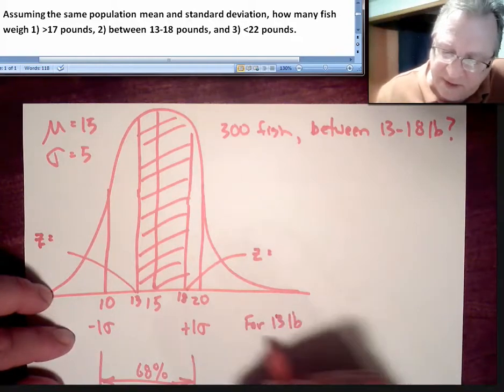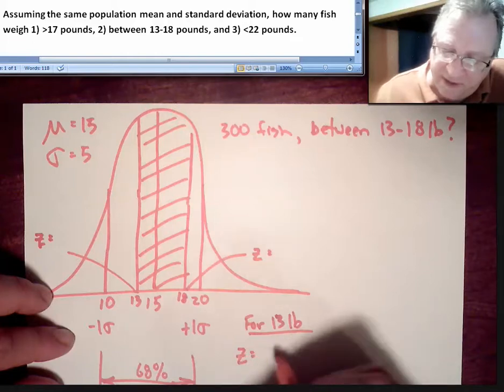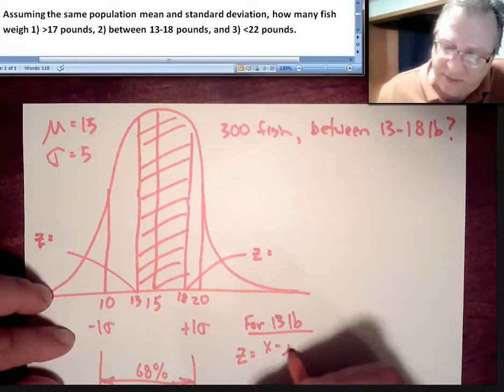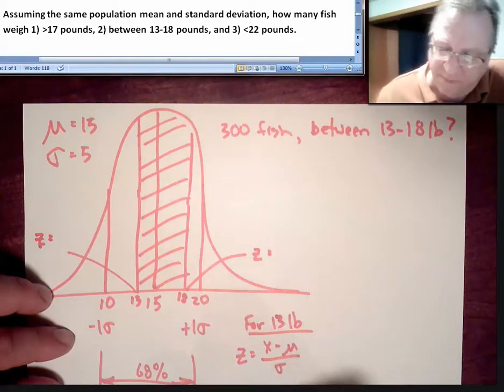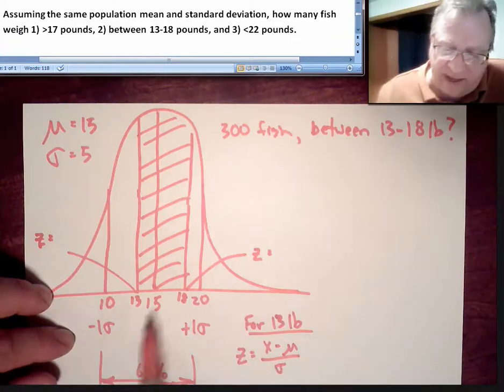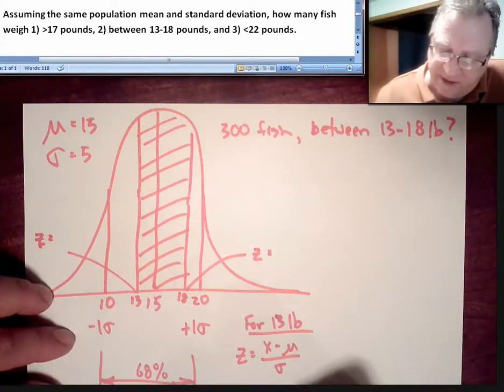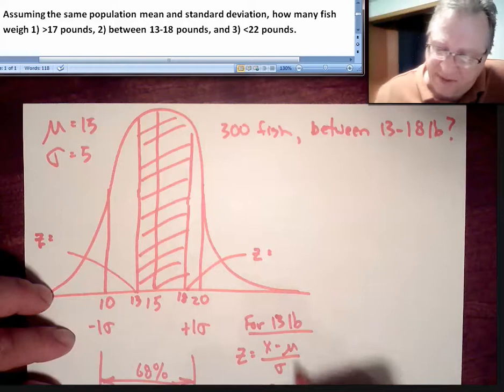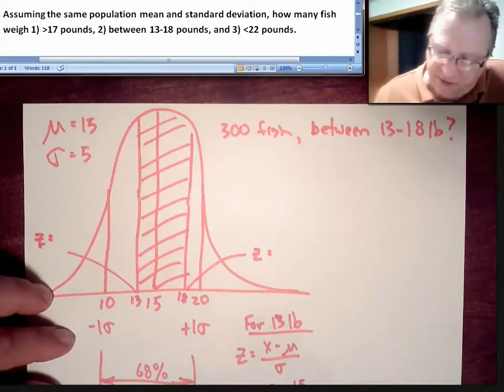For 13 pounds, z is equal to x minus mu over sigma, where x is our value, 13, minus the mean, 15, over sigma, which is 5, which gives us negative 2/5, which equals negative 0.4.